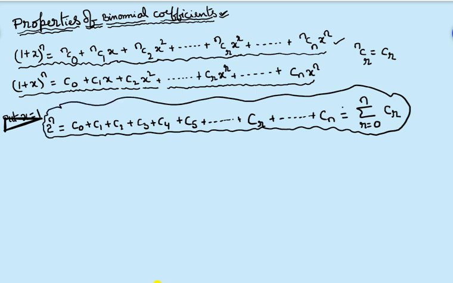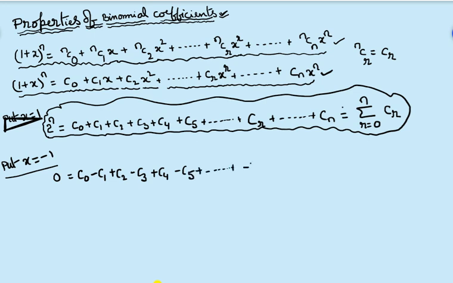Now, if you put x = -1 in the above equation, then what happens? 0 = C0 - C1 + C2 - C3 + C4 - C5 + and so on + (-1)^r Cr + and so on + (-1)^n Cn.